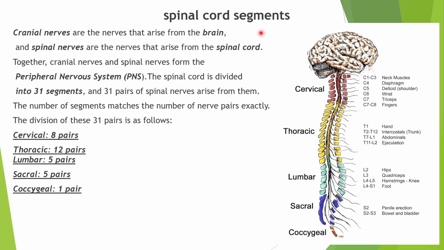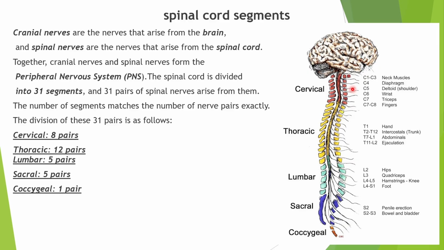Spinal cord segments. So cranial nerves are the nerves that arise from the brain. We all know that the nerves which arise from the brain are known as the cranial nerves, and the spinal nerves are the nerves that arise from the spinal cord. Together, cranial nerves and spinal nerves form the peripheral nervous system.